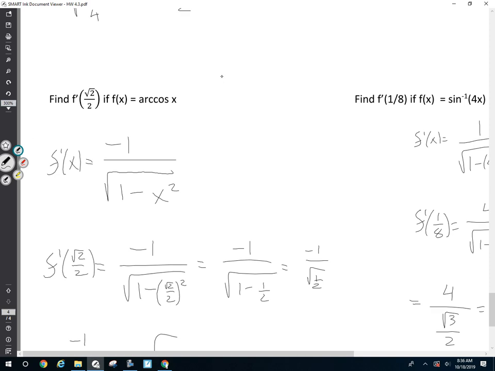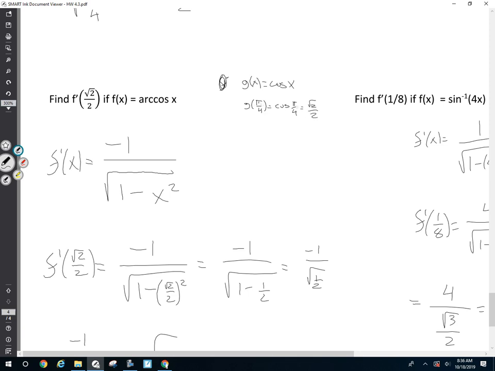Look at the cosine function. The g of x is cosine of x. The inverse is arc cosine, right? G at pi over 4 is root 2 over 2, right?